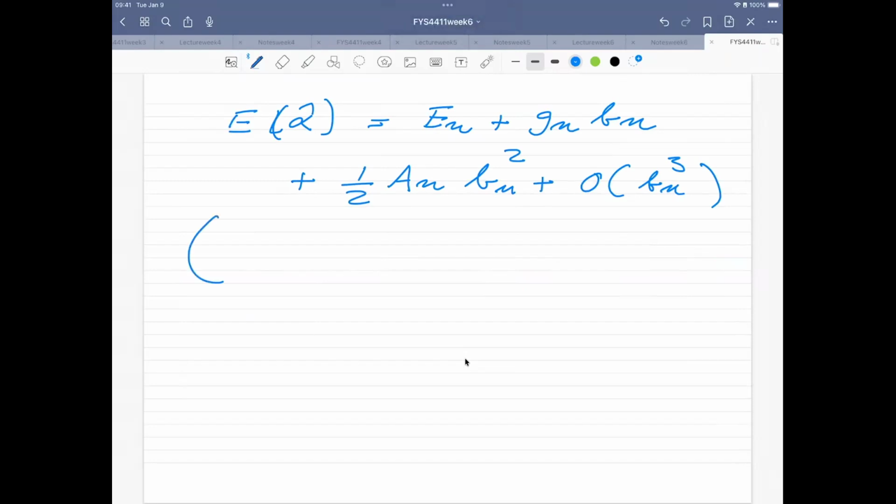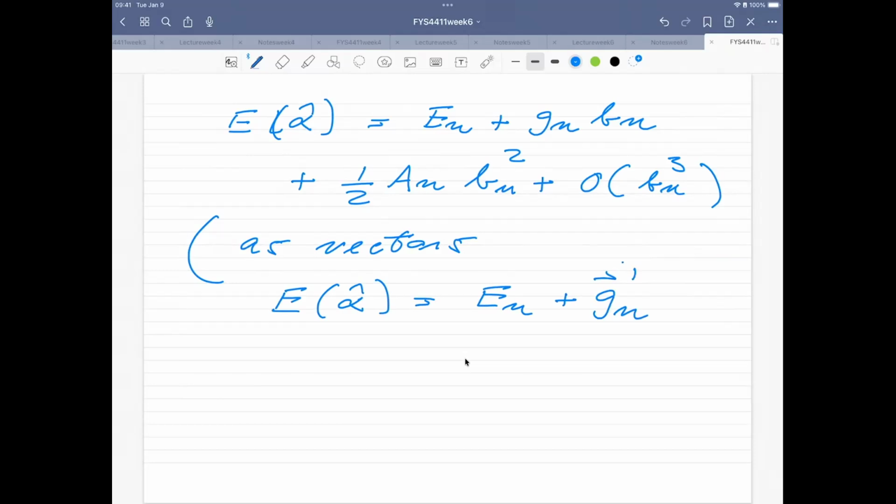If I treat these as vectors now, I'm just setting up the more general formula. Then E of alpha is given by E of n, but I have to be a little bit more careful, because the gradient becomes a vector. So I need to put it like that, and then I have a B of n hat here. Now, this alpha hat is also a vector, but I'm not putting an arrow on it, simply because it makes the equation a little bit untidy.